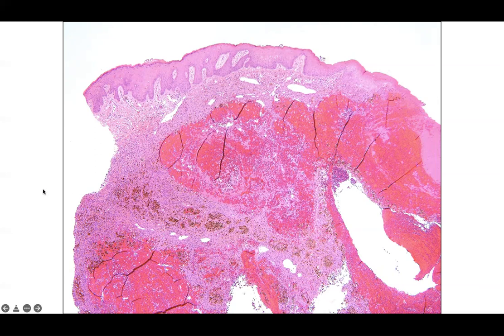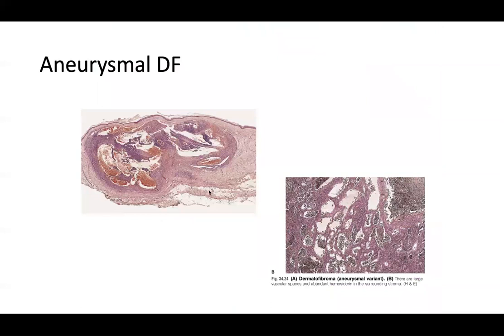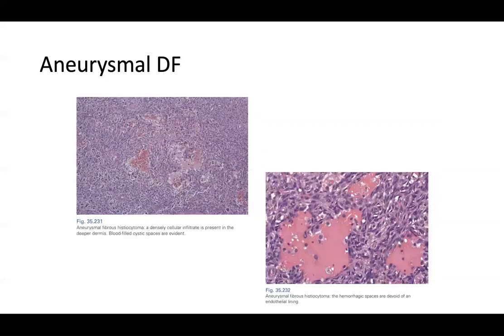And if you've ruled out something vascular, then you're left with an aneurysmal dermatofibroma. Again, you'll see those large vascular spaces and abundant hemosiderin in the surrounding stroma. From low power, it's pretty well circumscribed. Again, it's not really invading into the subcutaneous fat, so that's very helpful as well.